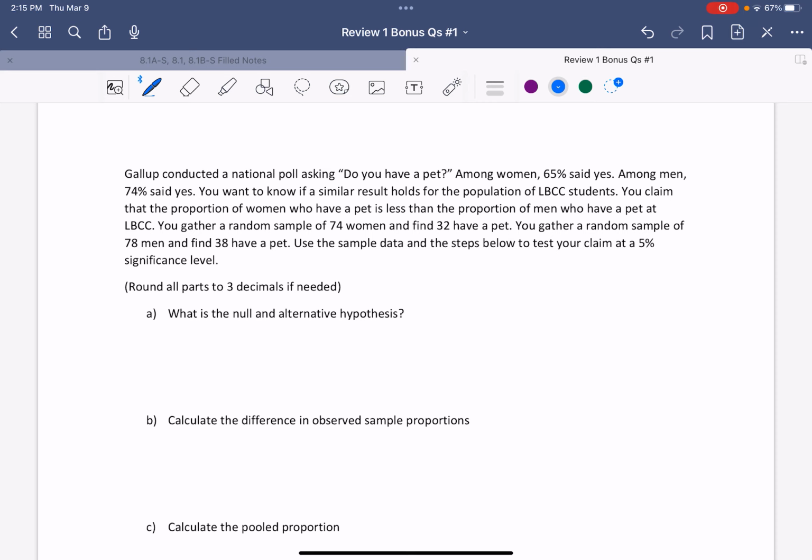It should be on the second page. So the proportion is 65.